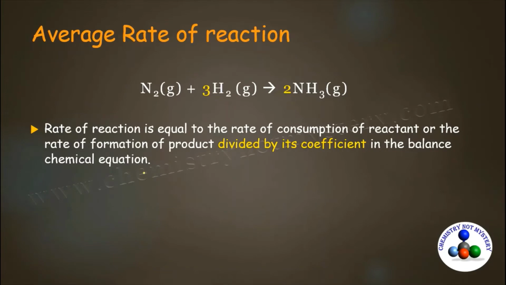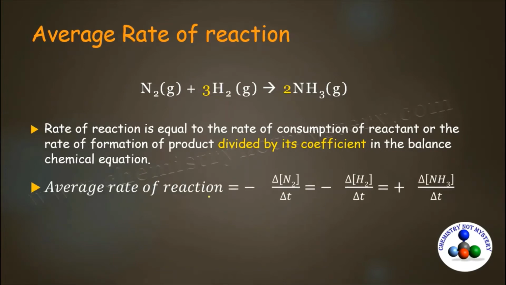So let's write the rate of reaction that we have learned before. Average rate of reaction can be equal to minus change in concentration of nitrogen over delta T, or it can be written as minus change in concentration of hydrogen over delta T, or it can be equal to plus change in concentration of ammonia over delta T. So by the rule, you have to divide these changes in concentration by their coefficients.